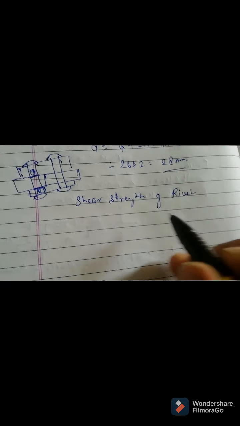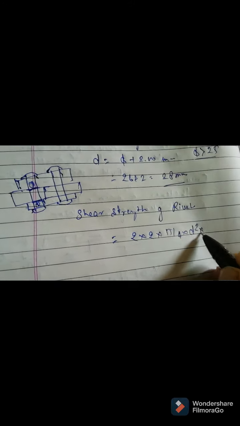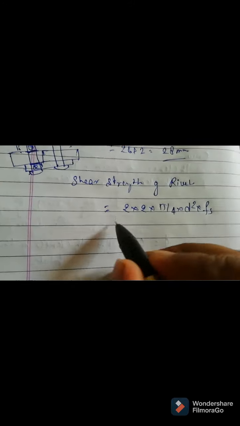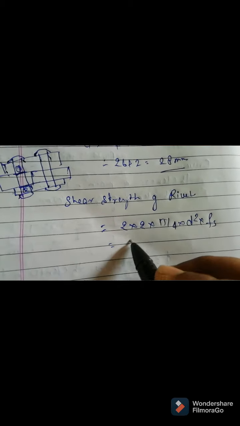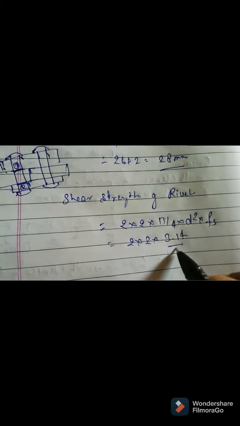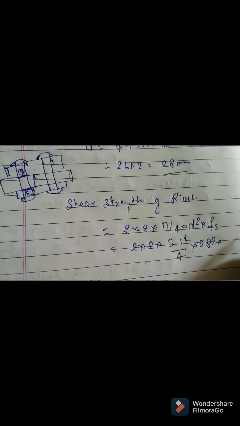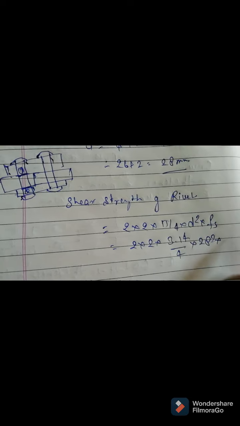So now shear strength of your rivets. Double riveting 2, double shear 2, into pi by 4 into d square into fs. So 2 into 2 into 3.14 by 4 into 28 square into fs. fs is given equal to 100.